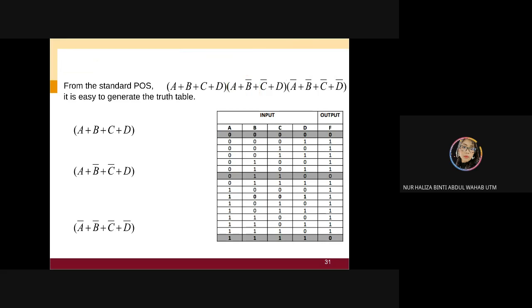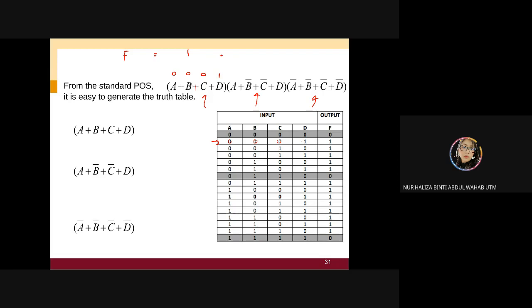Second, I give you another example. F equal to 0, 0, 0, 1. For this condition, I put in all the terms. I have 0, 0, 0, 1 for my A, B, C, D. So over here, I'm going to get 1.